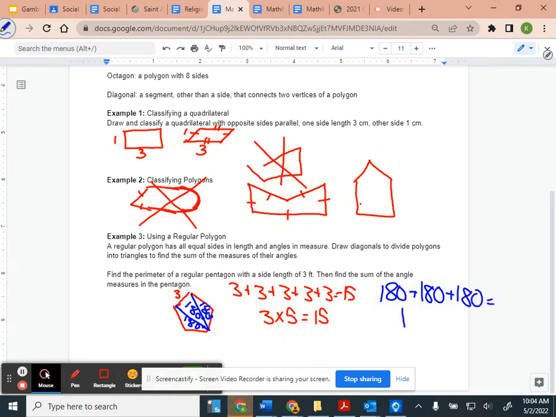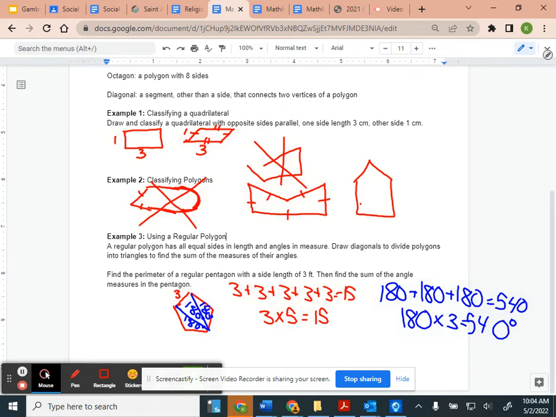Yeah, 180 times 3, and I get 540. Either way, you get the same answer. So there are 540 degrees in a regular pentagon. It has to be a regular polygon. You break it into triangles.